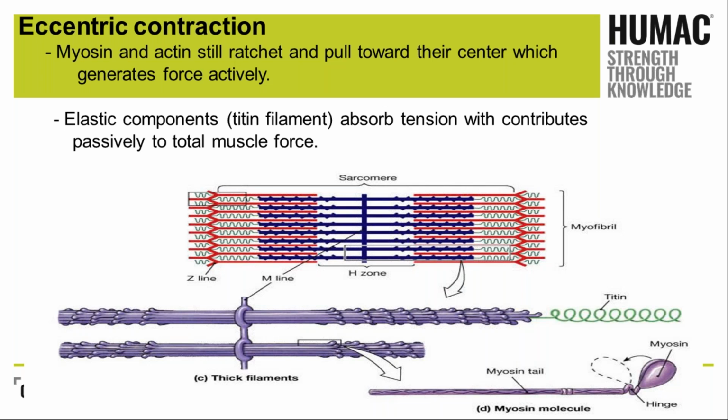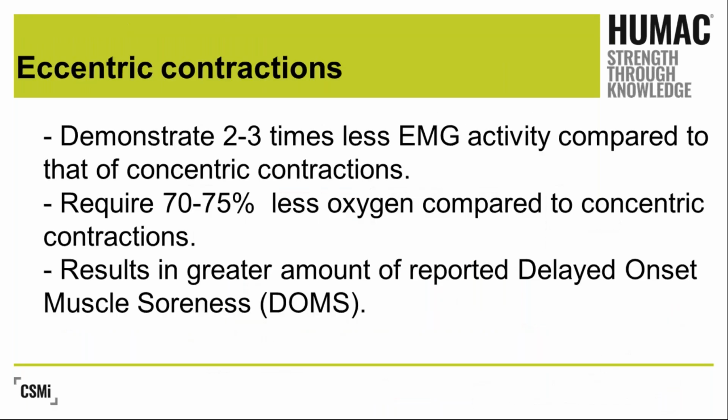So we know that concentric and eccentric contractions aren't the same. Metabolically, they don't work the same. They demonstrate 2 to 3 times less EMG activity. They're more efficient and require less oxygen compared to concentric, but they do result in greater amounts of reported delayed onset muscular soreness. You probably remember a few years ago, there was an exercise gym that was very popular primarily for women called Curves.